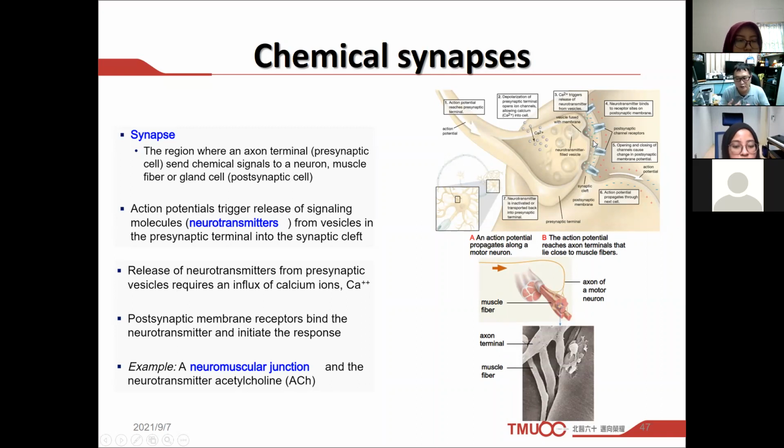If you use fluorescent microscopy, you can see they are overlapping. In other words, the neurotransmitter in the vesicle will pass through one tip of the axon and connect to another neuron. This area we call the synapse.